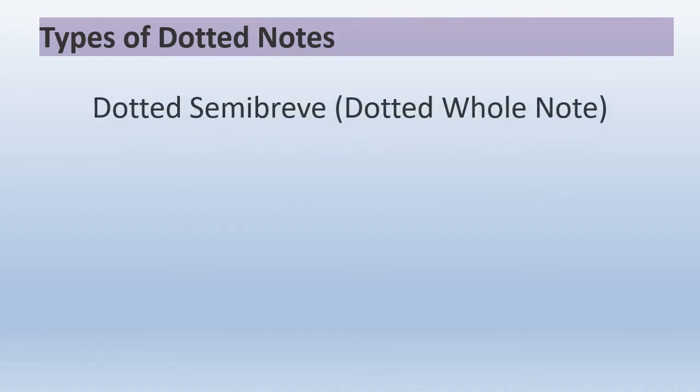We want to look at the types of dotted notes. First, let's look at the dotted semibreve, otherwise called the dotted whole note. We can add a dot to any type of note and it has the same effect.